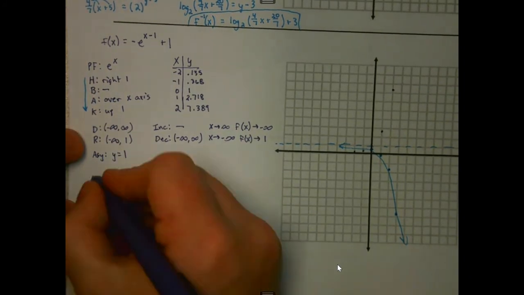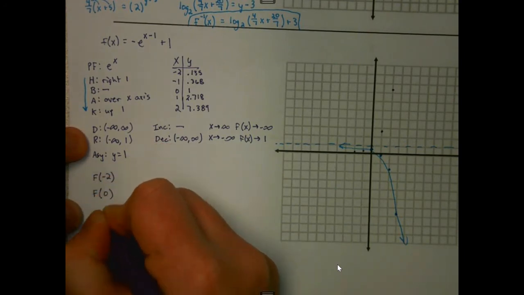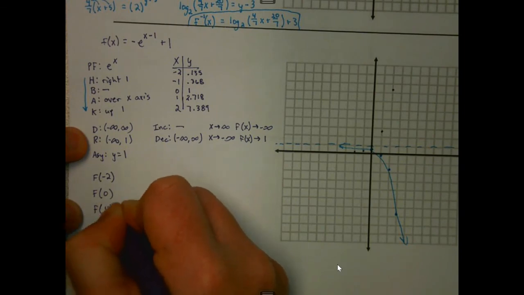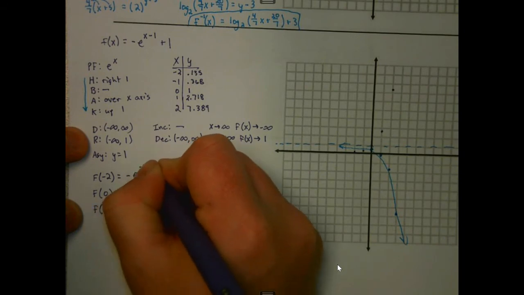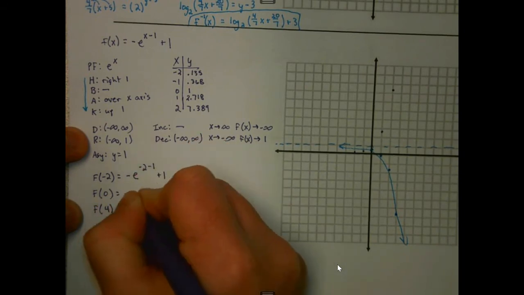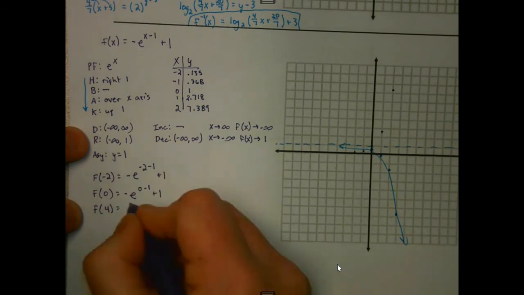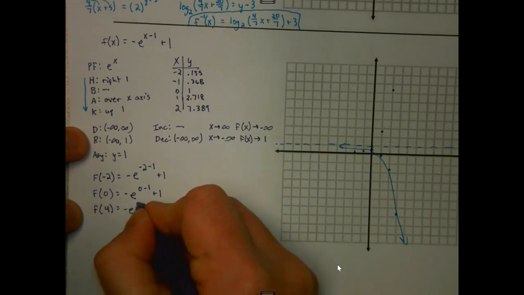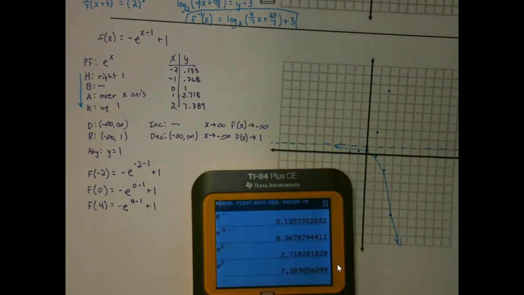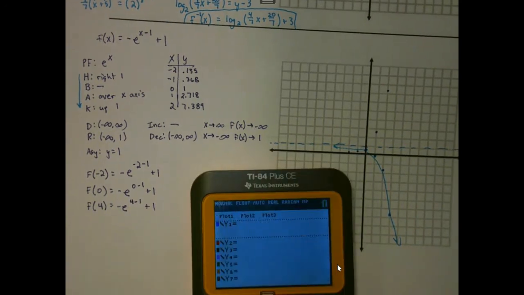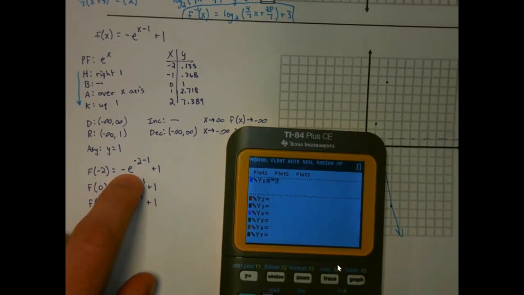We have our asymptote. We want f of negative 2, f of 0, f of 4. So plug those things in. We have negative e to the negative 2 minus 1 plus 1. Negative e to the 0 minus 1 plus 1. Negative e to the 4 minus 1 plus 1. Again, we can use the y equals. I want to see that you've plugged it in.